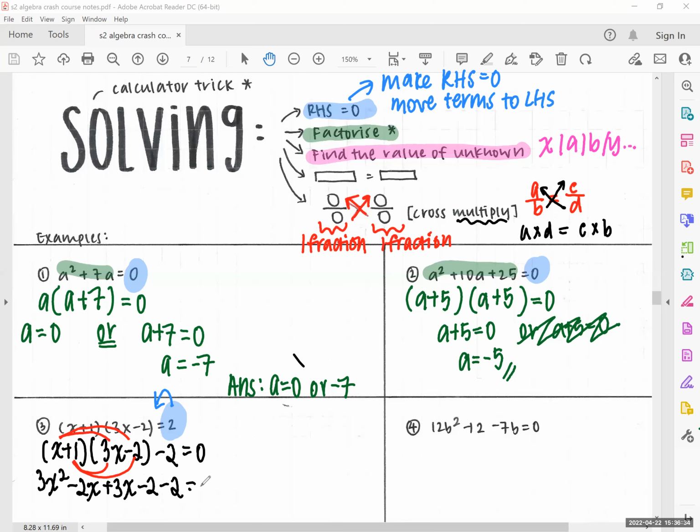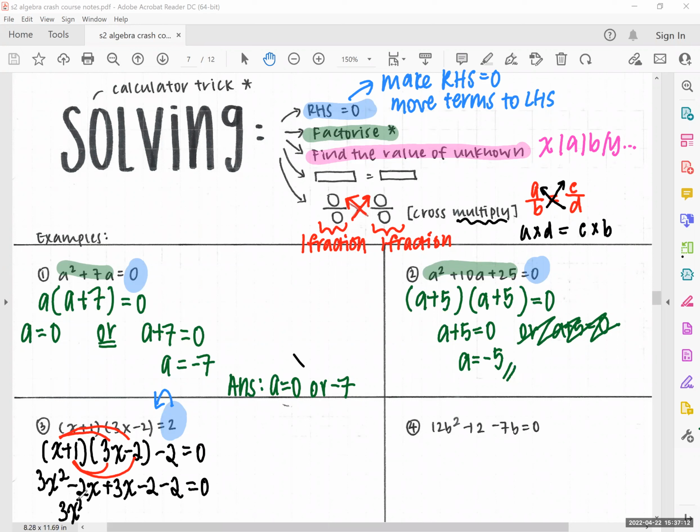Equals 0. Then after that, what do we do from here? So how do we go about simplifying? We add negative 2 and... Yeah, so tell me what to write.